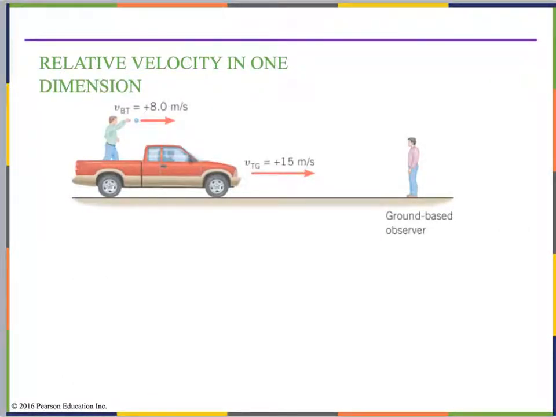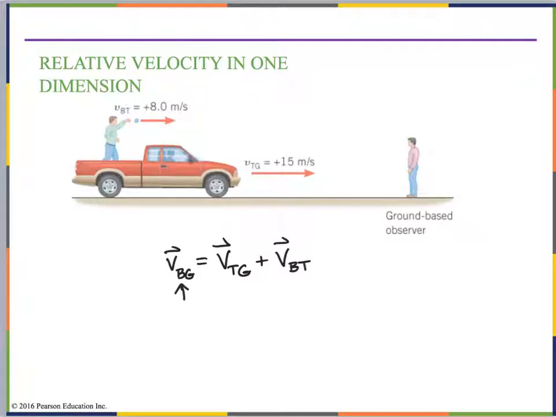So when we want to find the speed of the ball with respect to the ground, we took the velocity of the truck with respect to the ground and added to it the velocity of the ball with respect to the truck. And so that's how we got that value.